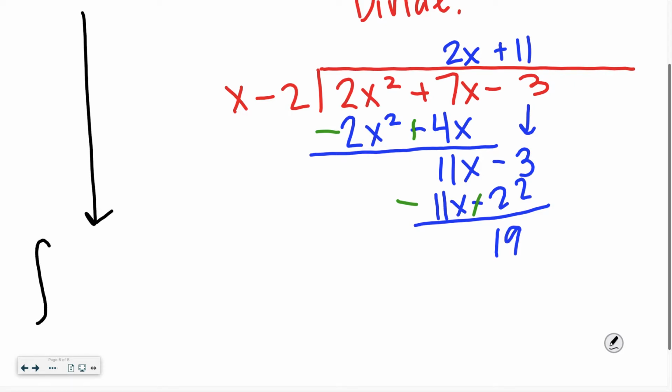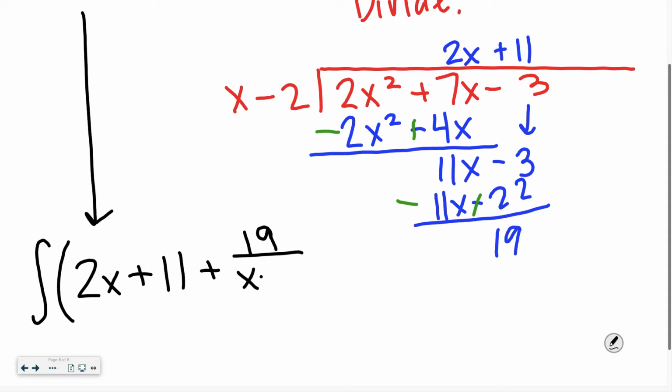So what we have, we did our improper fraction. Our quotient is 2x plus 11, but then we have a remainder of 19 that needs to go over the divisor. Doesn't this look much nicer?